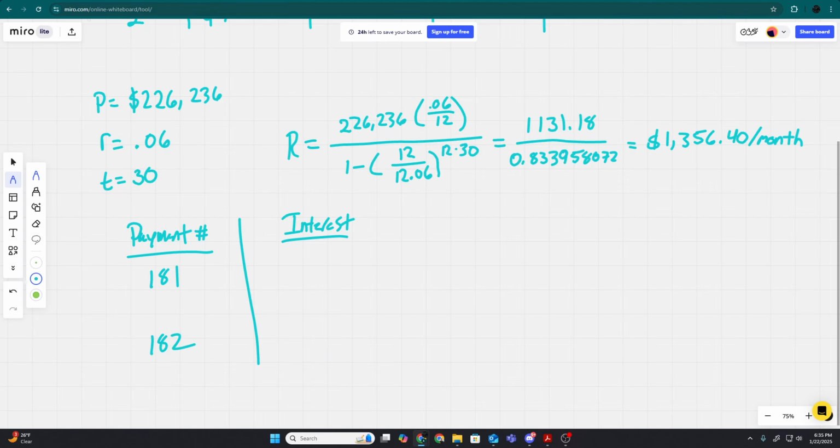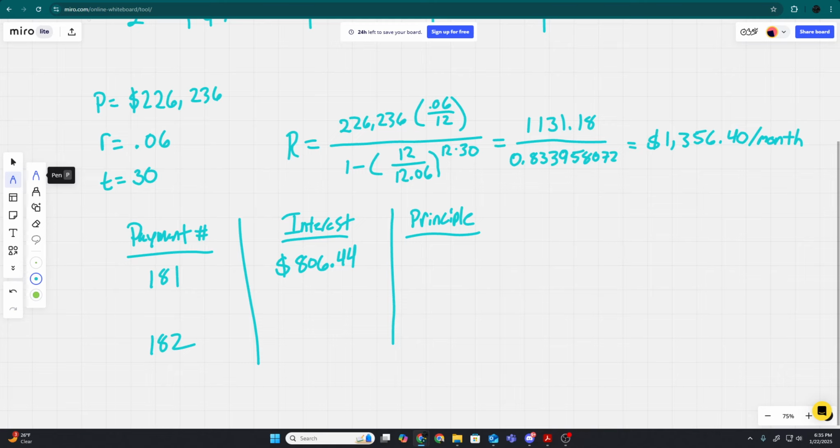So what it's going to give us as an interest in this case is $806.44. Okay, that's going to be our interest. Now, the part that's going towards the principal here is going to be our payment minus the interest, right?